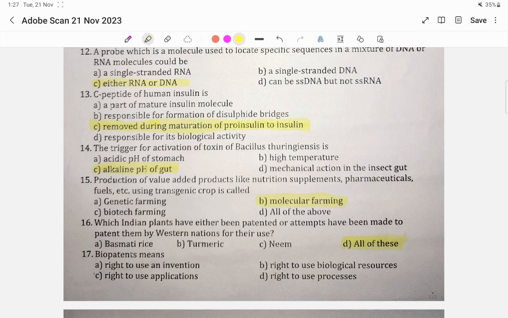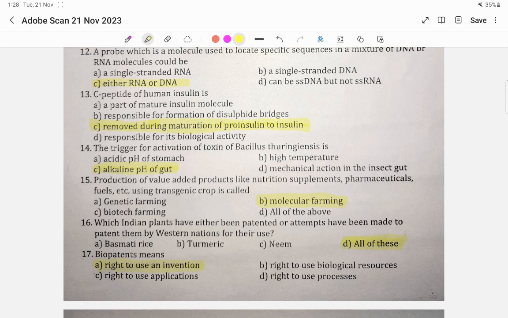Biopatent means right to use an invention. Biopatent is majorly meant to protect the intellectual property rights of companies. And here, since it is biopatents, it is concerned with biological inventions that they have made. Right to use biological resources, that is a general answer.